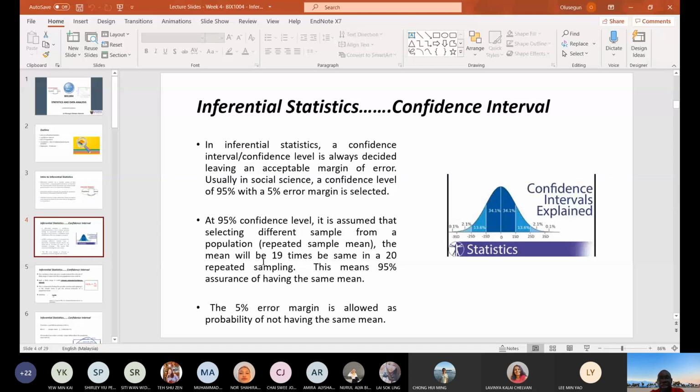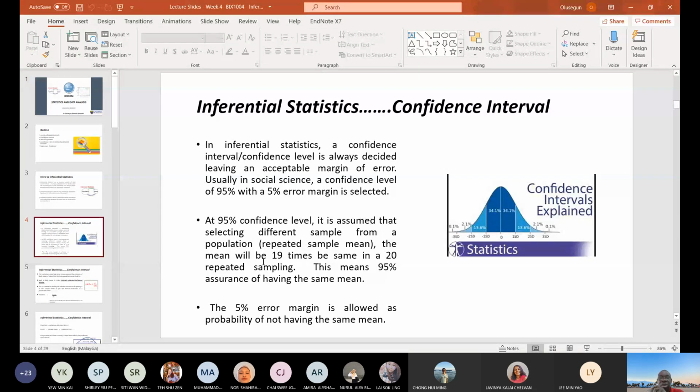In inferential statistics, there's always a confidence interval. A confidence interval talks about the margin of error that can be ascribed to the results.